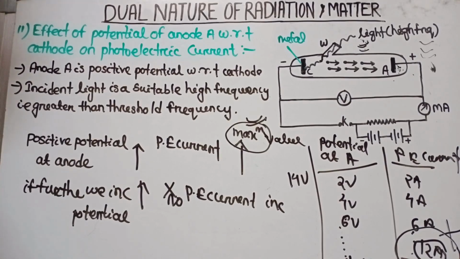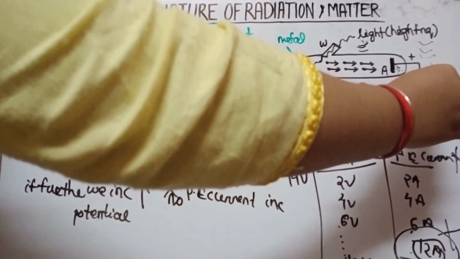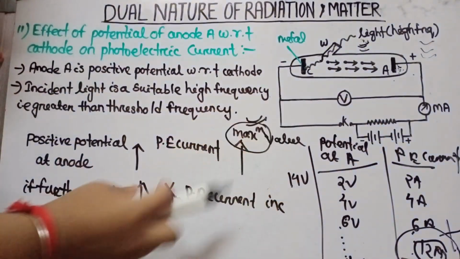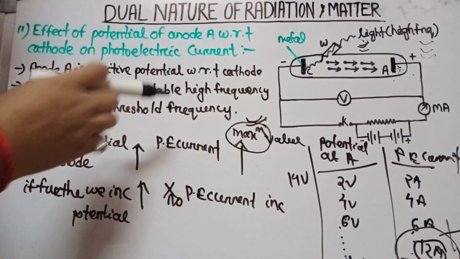That maximum value of current is called the saturation current. Okay. Now, the next one.